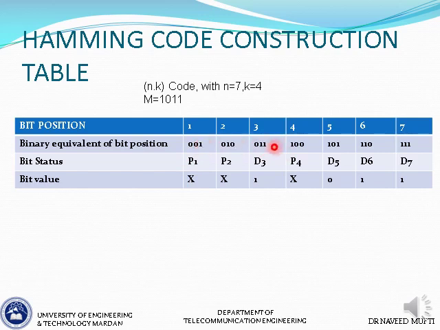All those bit positions whose least significant bit is 1 are the ones that contribute in deciding the value of parity bit P1. So in this case, parity bit 1, P1 itself, D3, D5 and D7. These bits will all contribute to decide the value of parity bit 1.